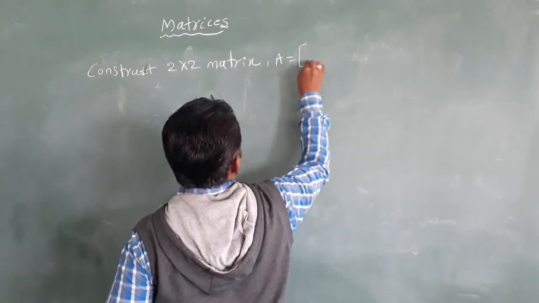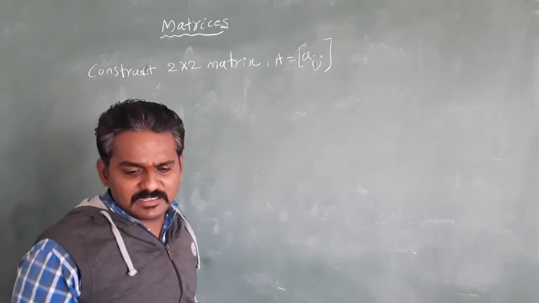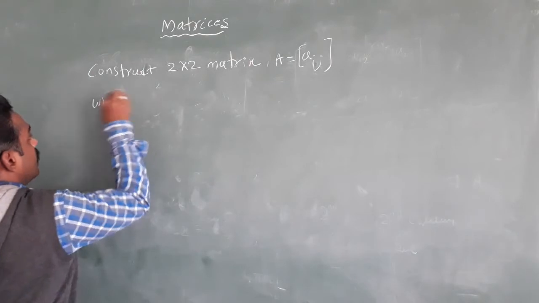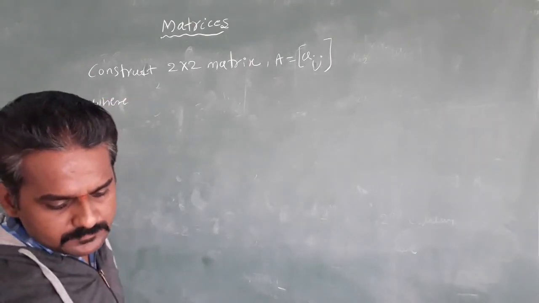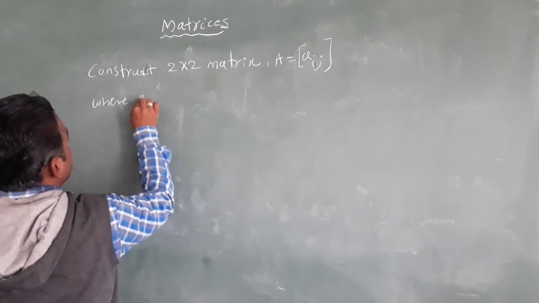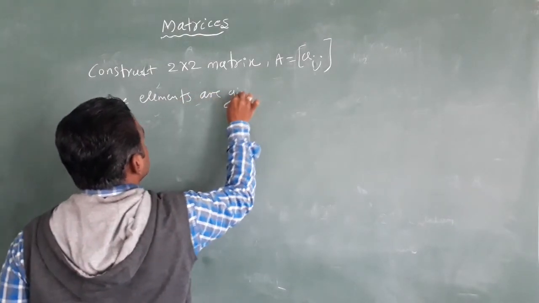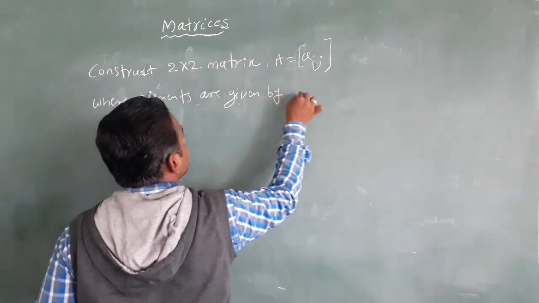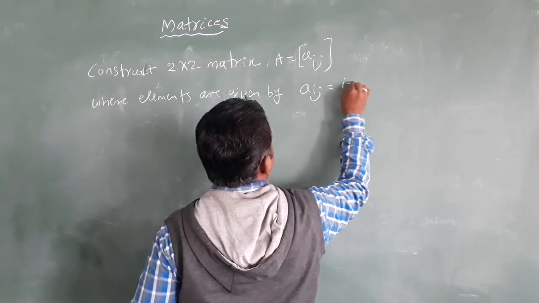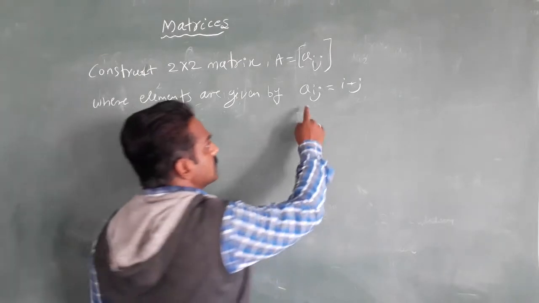A equal to Aij, you can take A, B, whatever the representation, where elements are given by Aij equals I plus j.